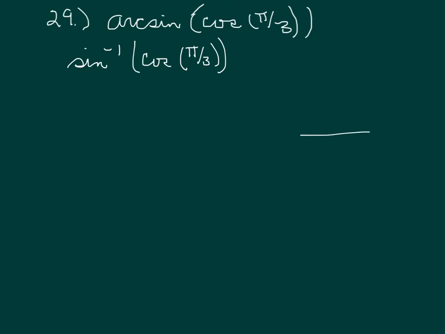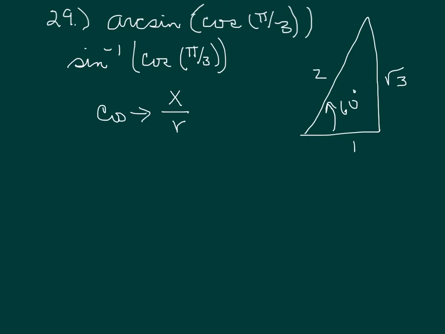Pi over 3 is 60 degrees. This is one of the angles we learned. That side is 1, that side is 2, that side is the square root of 3. The cosine of pi over 3 will be x over r, and that is 1/2.